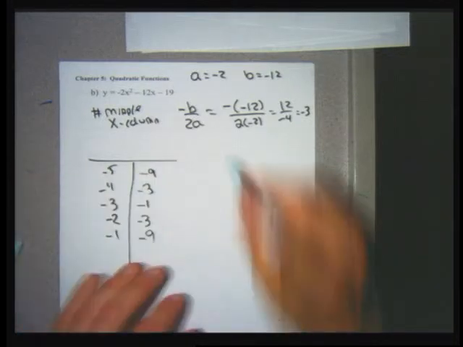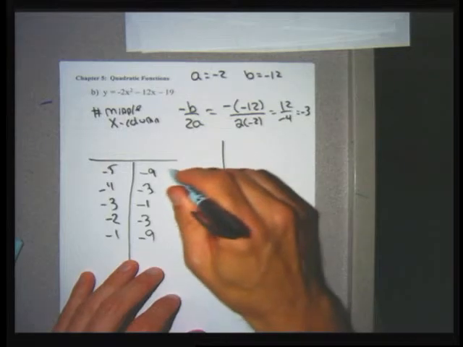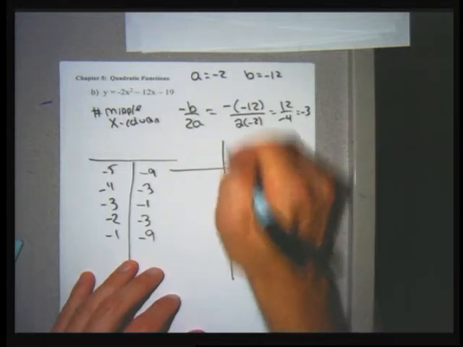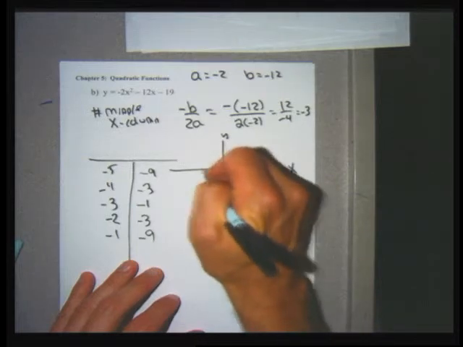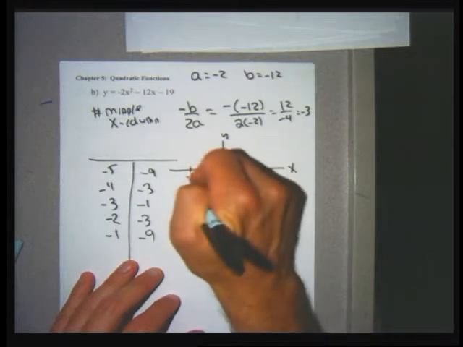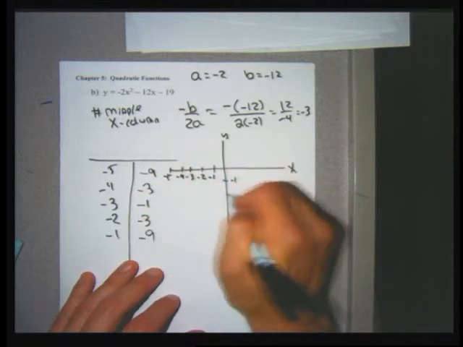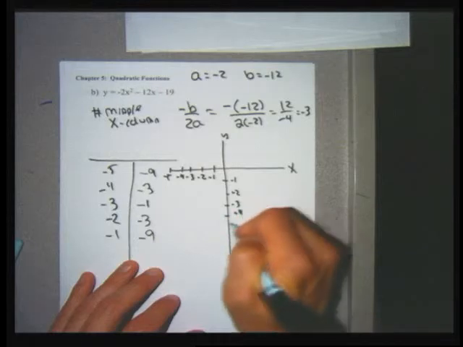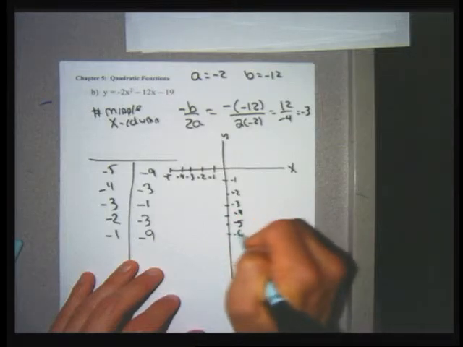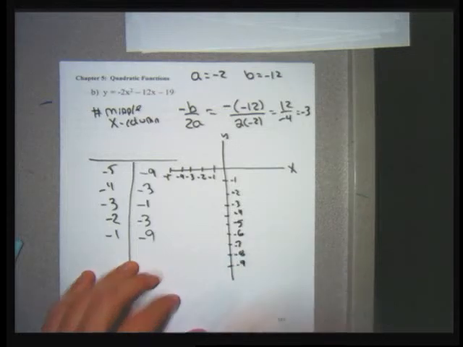So best I can, I need to make my graph kind of bottom heavy. So I'm going to make it look like that. So this is my y-axis, this is my x-axis, then -1, -2, -3, -4, -5, and now all the way down to -9.